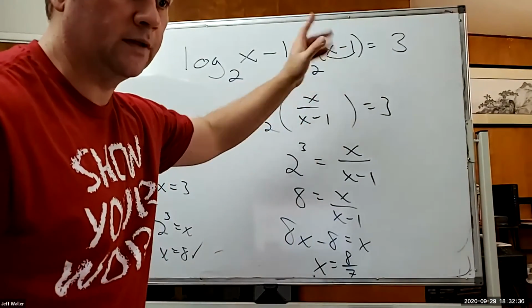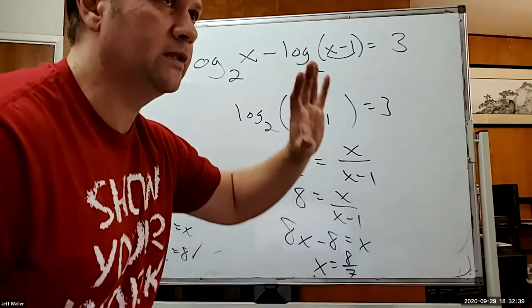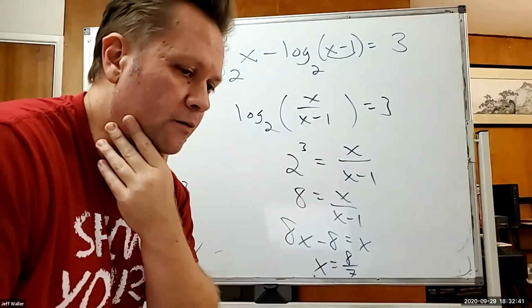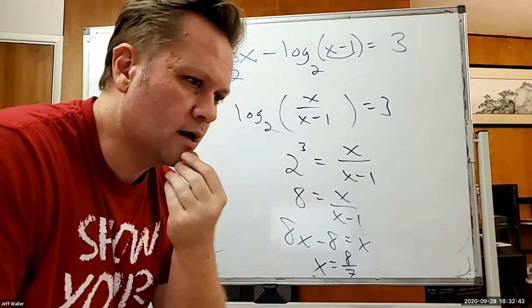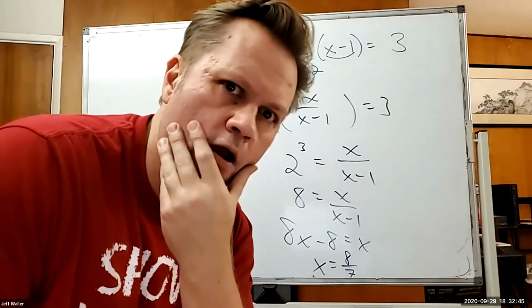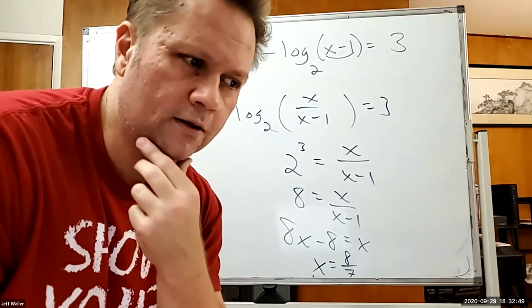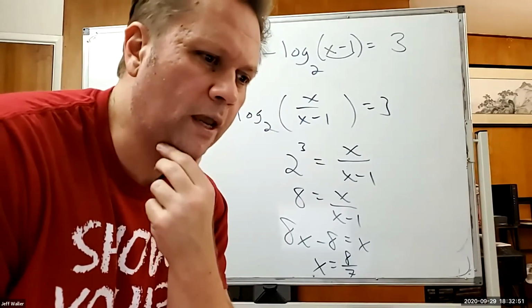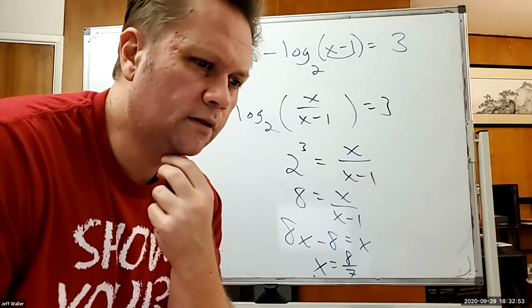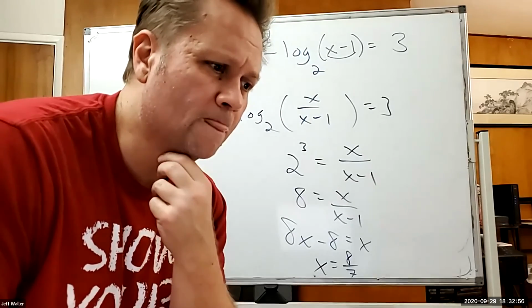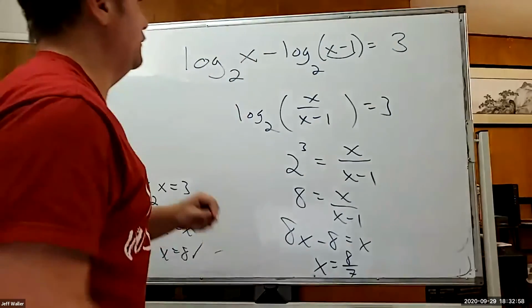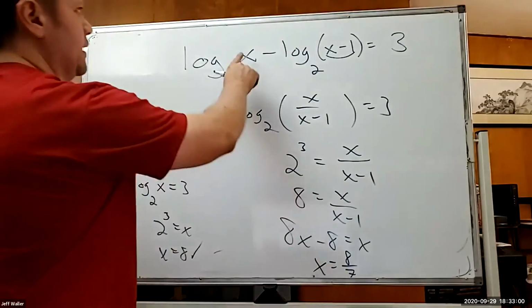What's the only kind of number that works inside of a log? 0. No, that's one of the ones that don't work. The domain of a logarithm. The inside must be greater than 0? Positive. I love it. So when I put 8 sevenths in, that's obviously fine.